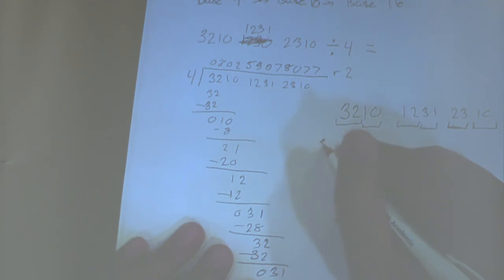So 32 in base 4 is going to be, if we do this right, 3 times 4 to the 1 plus 2 times 4 to the 0. That's going to be 12 plus 2, which is 14.